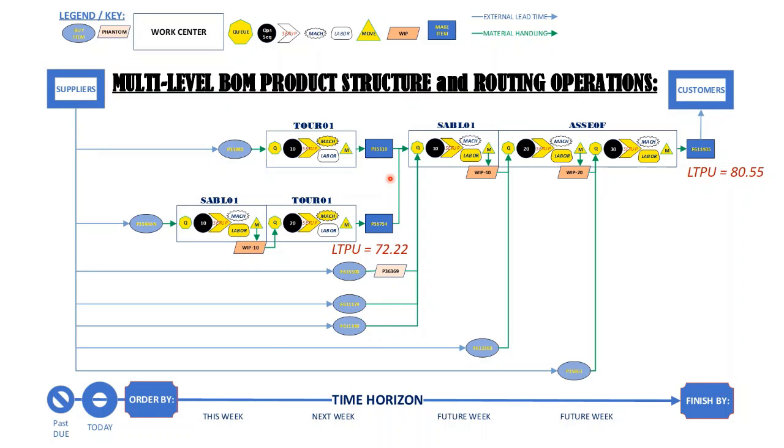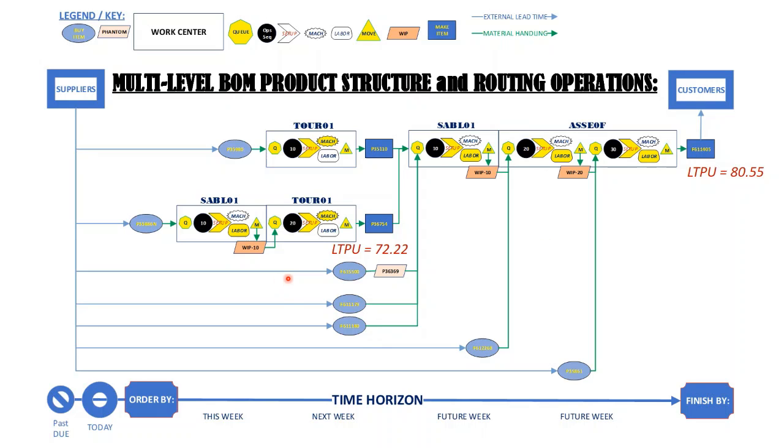So there you have it. There's the formula for calculating the cycle times or the run times in the routing that get you to a lead time per unit. This routing, steps 1, 2, and 3, gave us 80.55 hours per 1,000.